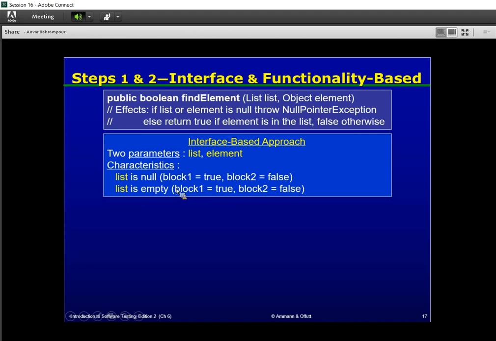We could define an empty list and a non-empty list. If this characteristic is true, we have simply an empty list.